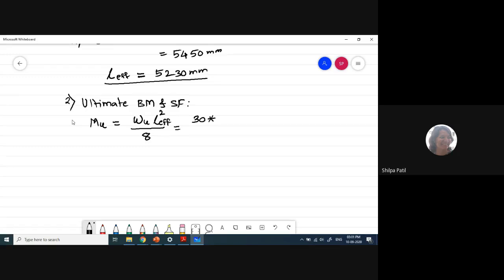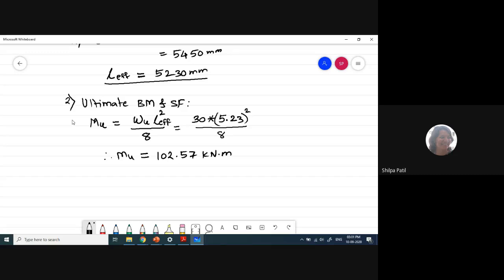I have considered the load in kilonewton per meter, so length also I will consider in meter. 5.23 meter square upon 8. So what is Mu value I'm getting? 102.57 kilonewton meter.